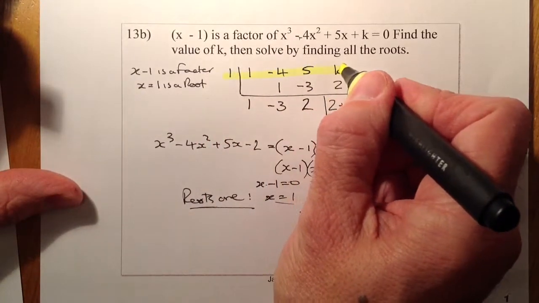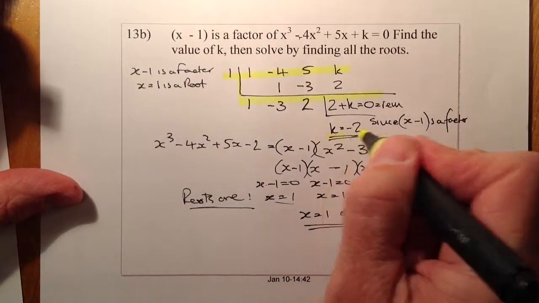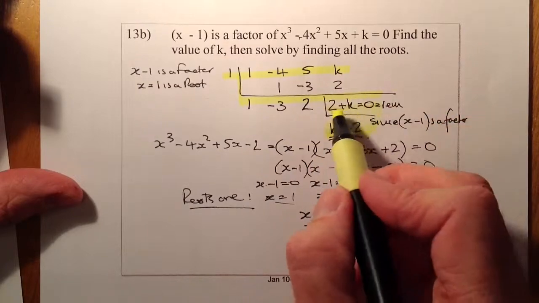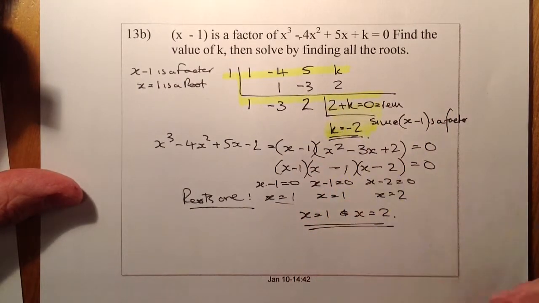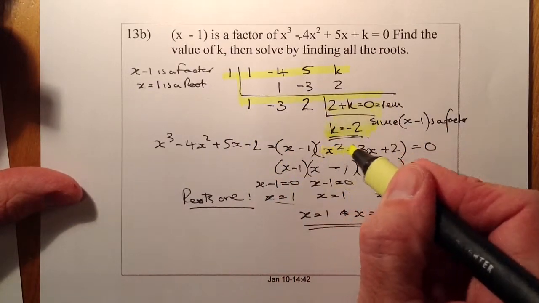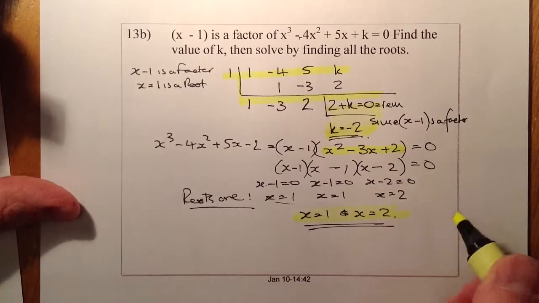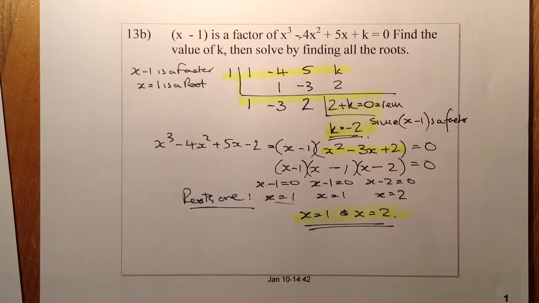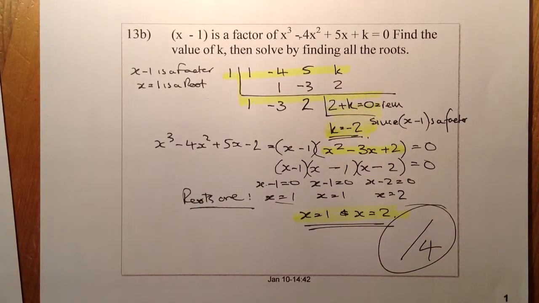Again, we'll go for 1 mark for setting up the synthetic division. I'll give another mark for getting 2 plus k equals 0, and also for having k is equal to minus 2. 1 mark for lifting the quotient from here, putting it down into this form here, and finally getting the roots. Okay, so x is equal to 1 and x is equal to 2. And again, this one here is going to be out of 4 marks.